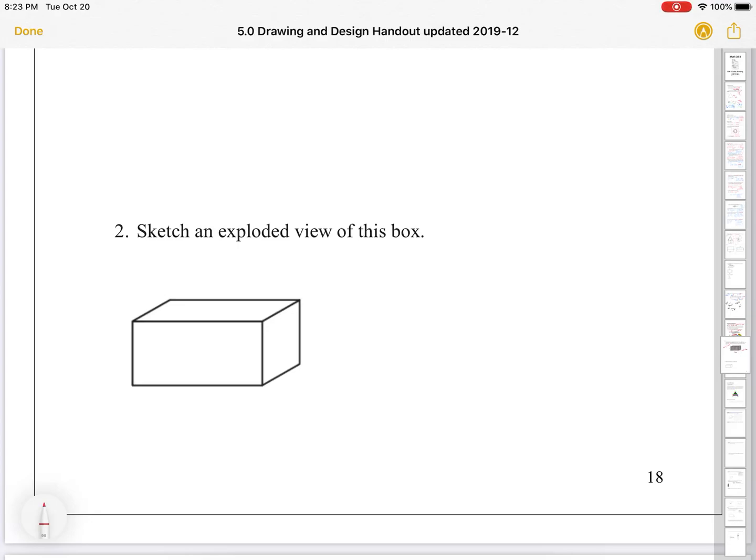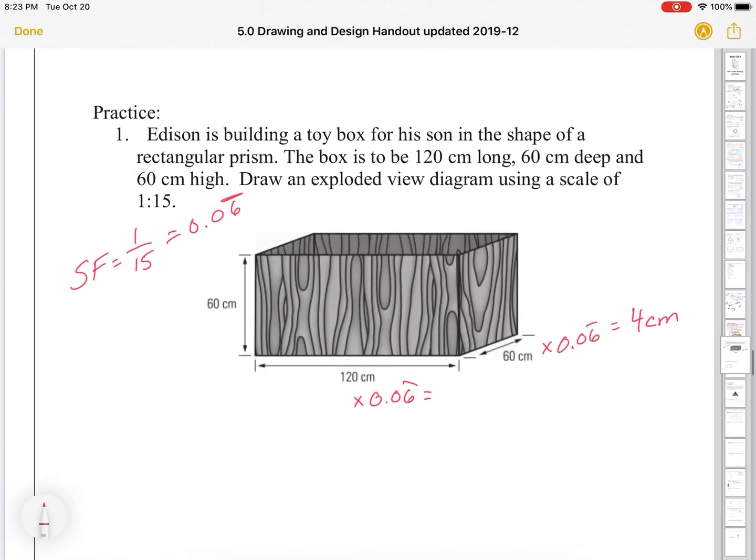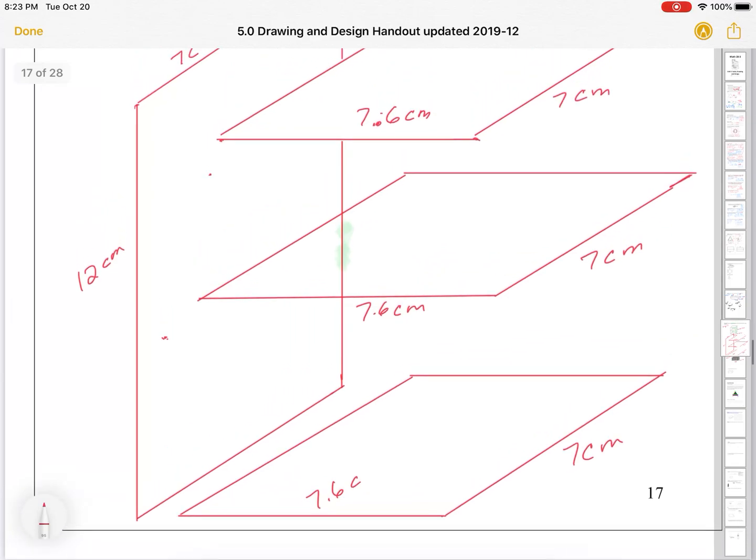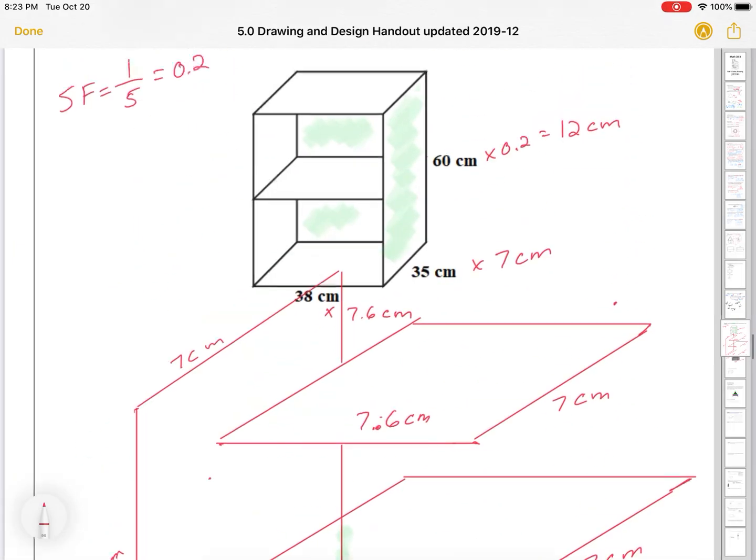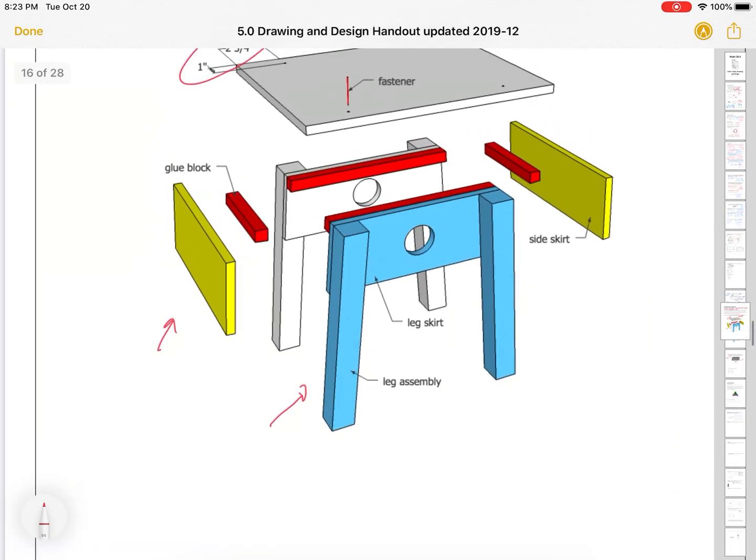If they use an exploded view diagram, they can certainly use that to kind of figure out how things fit together. Okay, and usually they'll have more detail than what we have. If you look at the original thing here, it has things like where the fasteners go in, the glue blocks. It has information like that so that people know how it exactly fits together. And IKEA diagrams will be even more detailed.